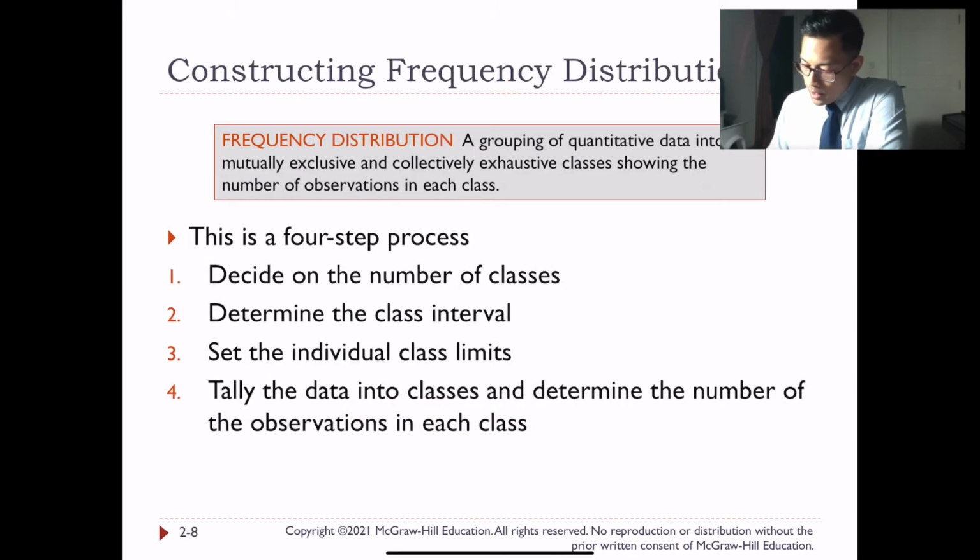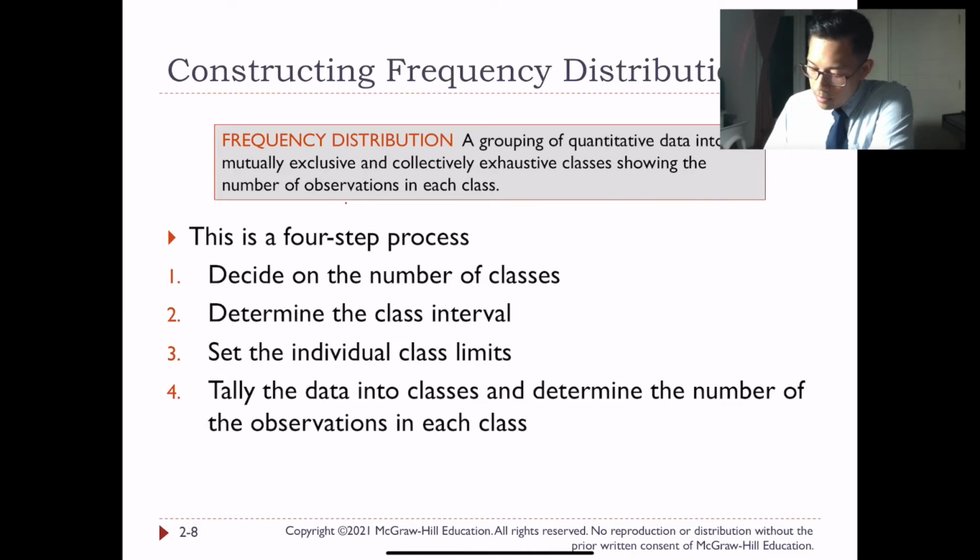Now the next thing is the frequency distribution. A frequency distribution is a grouping of quantitative data into mutually exclusive and collectively exhaustive classes showing the number of observations in each class.